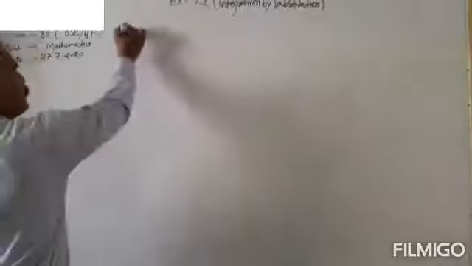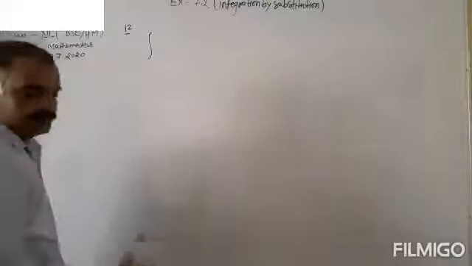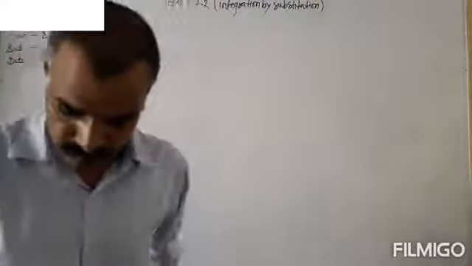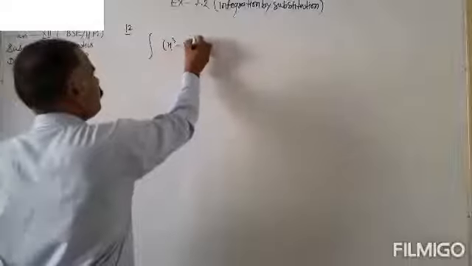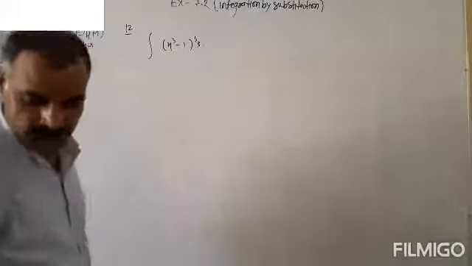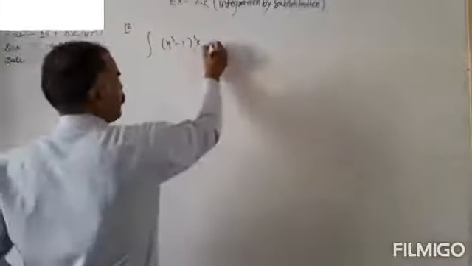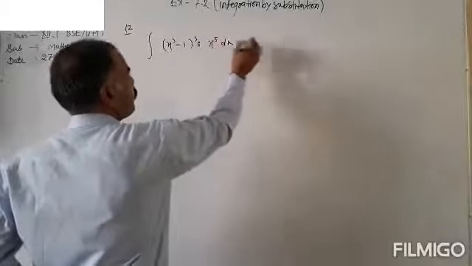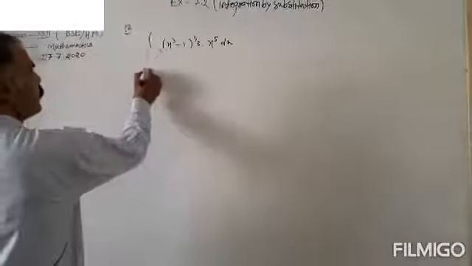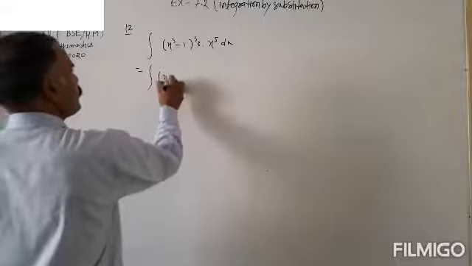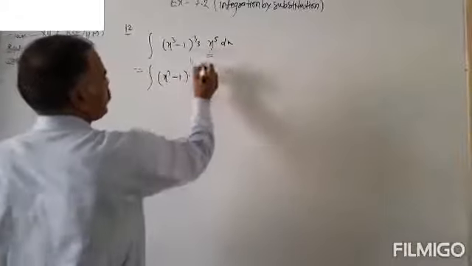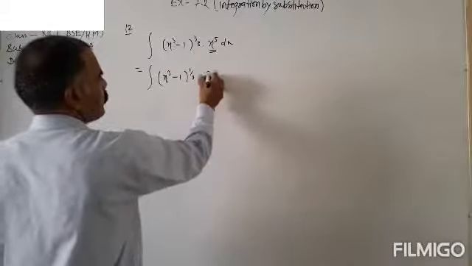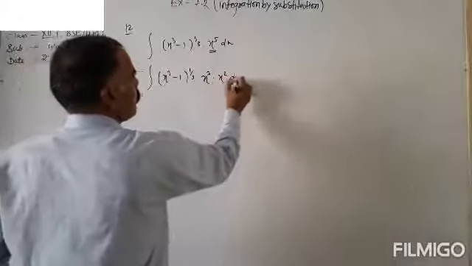Question number 12 is integration x cube minus 1 to the power 1 by 3 times x to the power 5 dx. Split the x to the power 5 into x to the power 3 and x square dx.